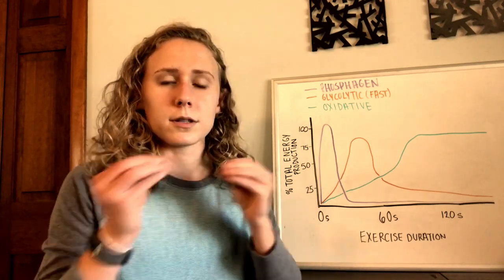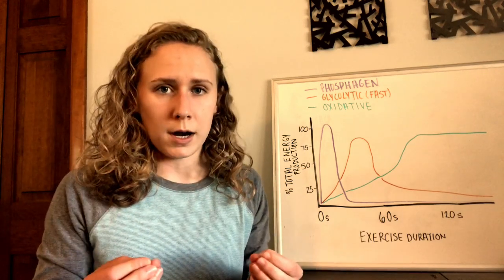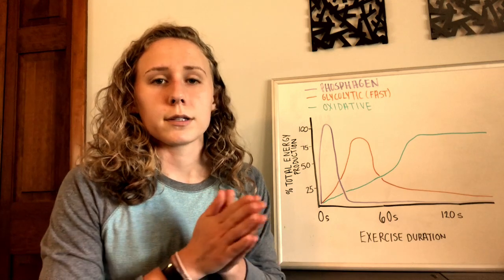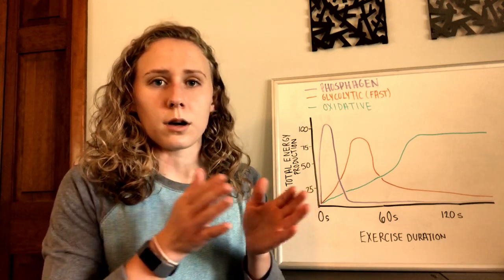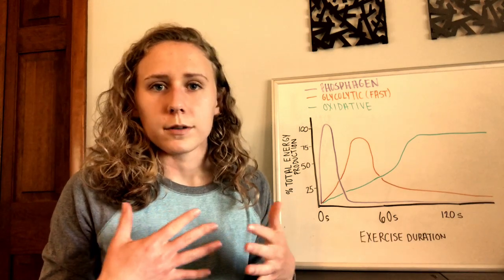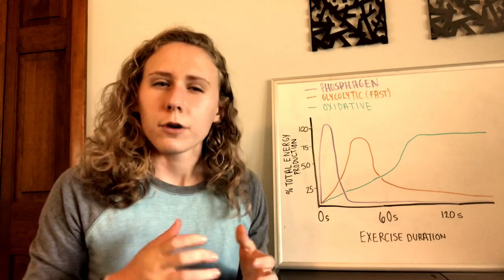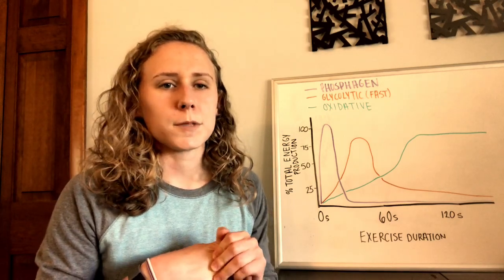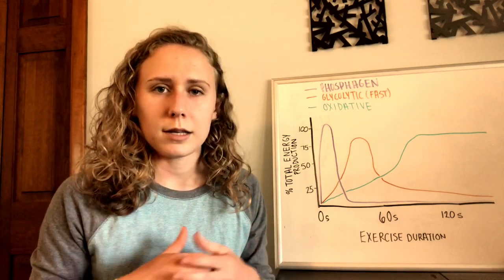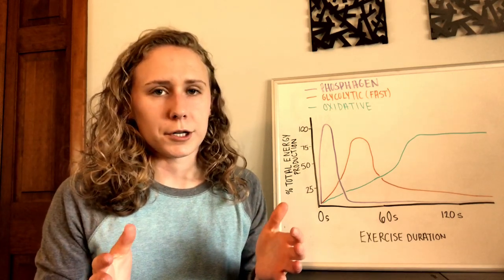And then the slow glycolytic system, which you can probably tell by the name, takes a longer time to replenish energy, but it can support the body for up to 3 minutes. So for riding, an example of using the glycolytic system would probably be doing a fairly short show jumping course. So it's still pretty high intensity, but a little bit longer in duration.